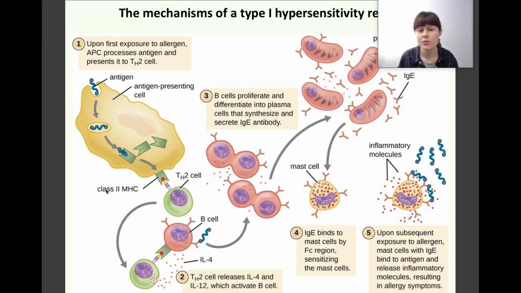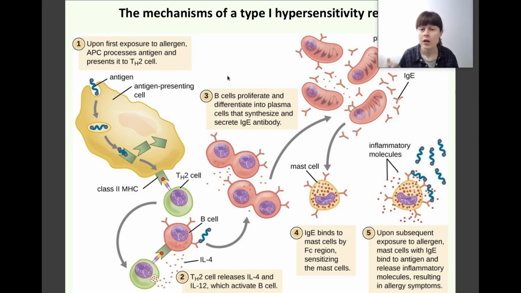Antigen-presenting cells meet naive T cells and activate them through the MHC complex. In the case of the MHC class 2 complex, they activate T helper cells, in this case T helper 2 cells. T helper cells release cytokines, and these cytokines can activate B cells. B cells then proliferate and differentiate into plasma cells that synthesize a specific type of immunoglobulin E.